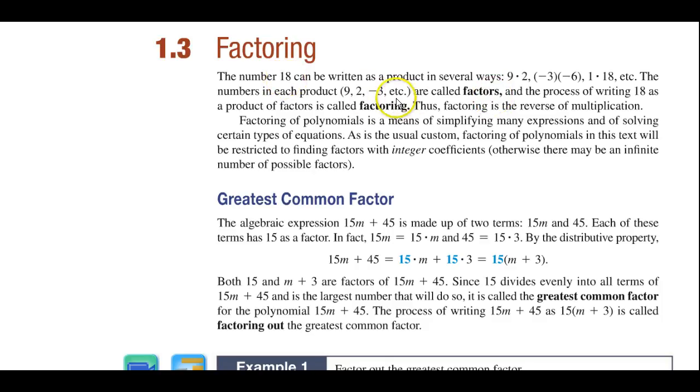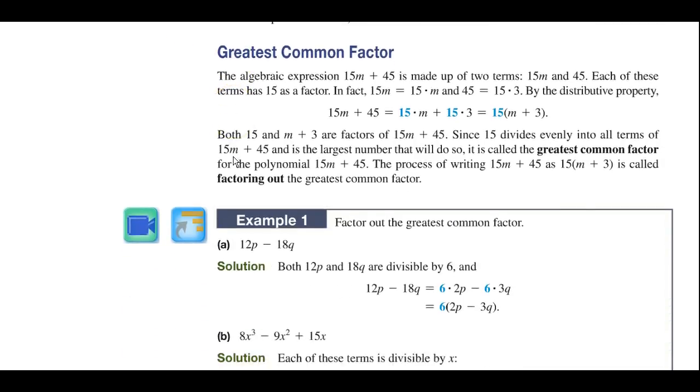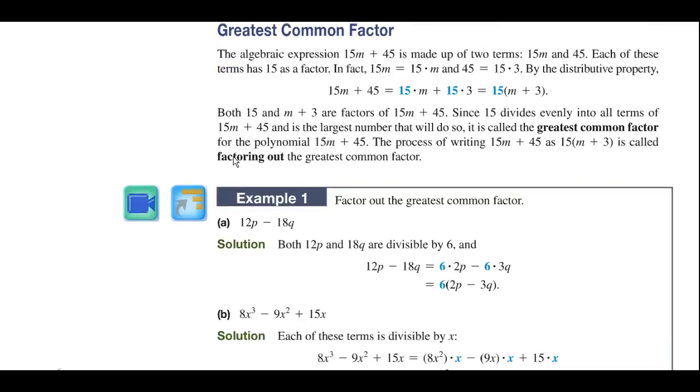So there's various factors. This is what we're going to be doing in this section, taking a look at this. So for instance, if we look at this example here where there's 15m plus 45, can you see in the number part, the coefficients, that there's a common factor of 15?